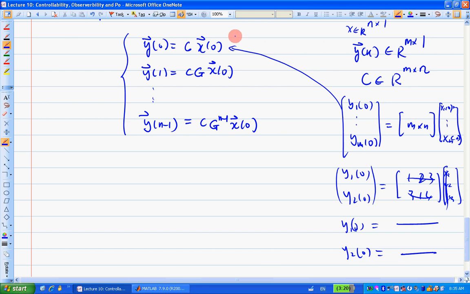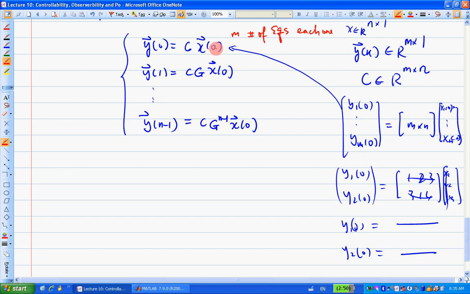So each one has m number of equations, right?